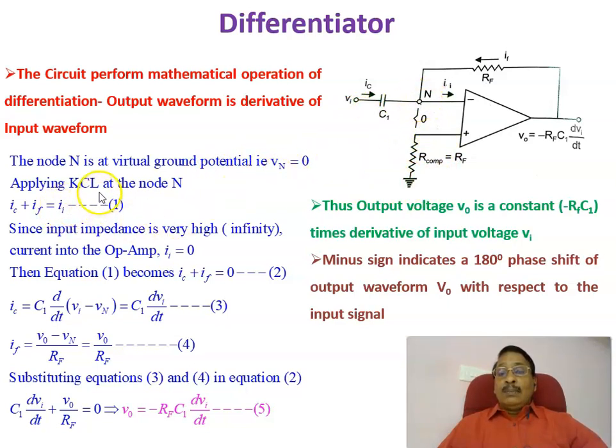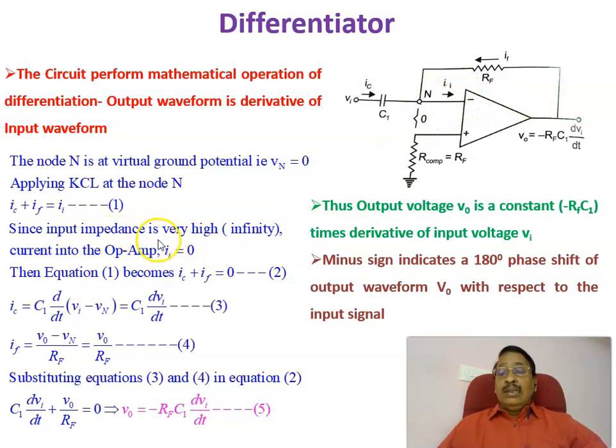Applying Kirchhoff's current law at this node N, the total current coming towards the junction is equal to the current leaving from the junction. Therefore, the capacitor current IC plus the feedback current IF is equal to Ia. Since the input impedance of the op-amp is very large, we take it as infinity, so that the input current Ia is equal to 0.